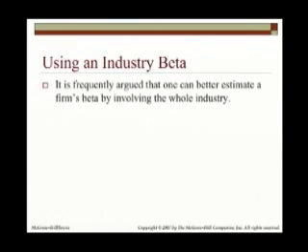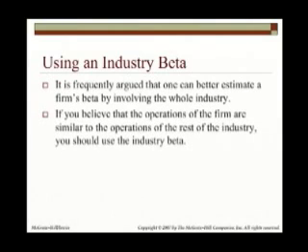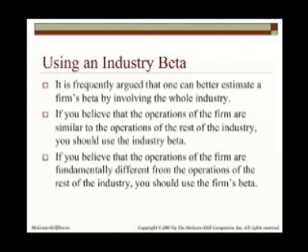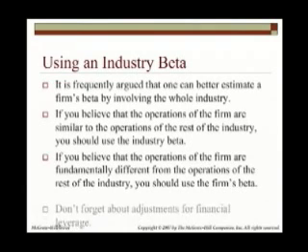Now, what about using an industry average beta? Well, many have argued that that can be a better estimate of a firm's beta. And if you believe, and I said this earlier, if you believe that the firm can be represented well by the industry, then it would probably make sense to use an industry average beta. On the other hand, if you believe that the firm is quite different from its industry, then it would probably be more appropriate to use the beta of the firm itself.